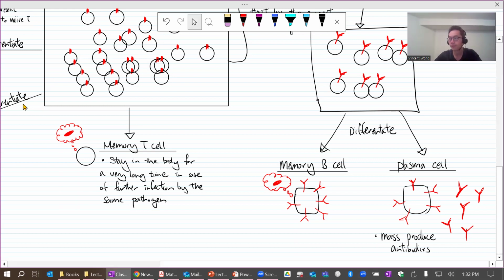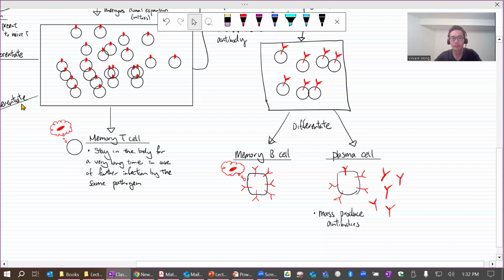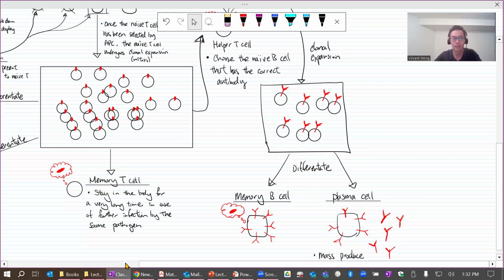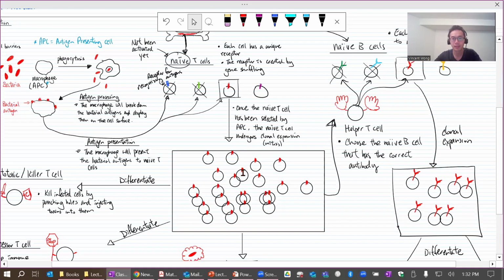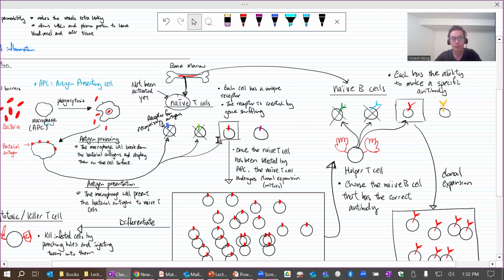Here, if the T cells don't find the right antibody, again, it's by chance, right? More likely than not, you will have something.